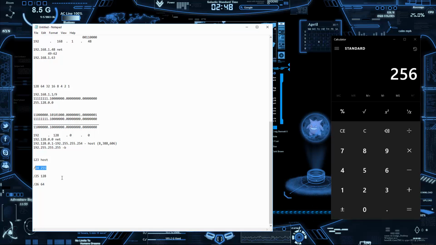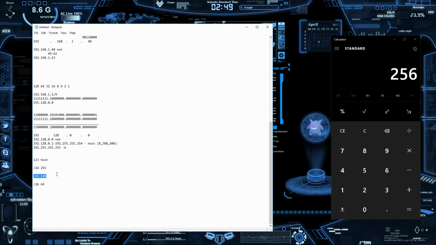So your choice is going way too much and wasting a bunch of resources, way too little, which is obviously not going to work, or just slightly above, being close enough. So the /25 would be the answer for that.